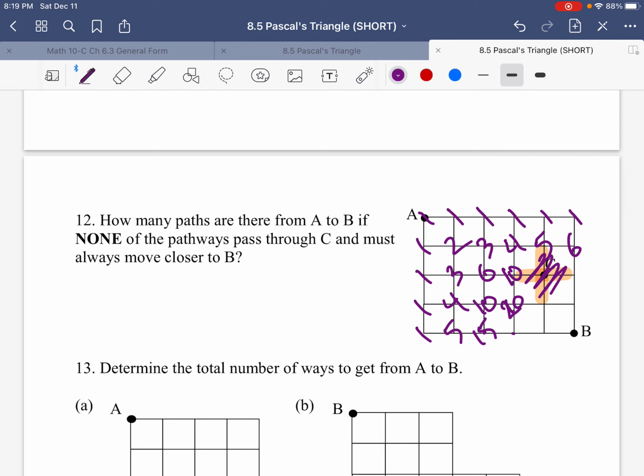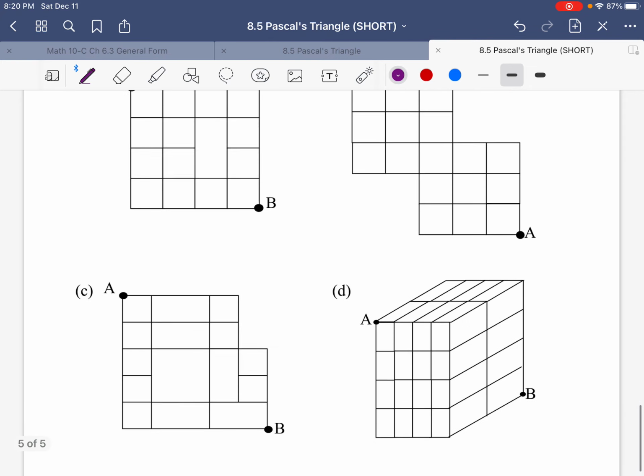So 1 and 5, 5 and 10 is 15, 10 and 10 is 20, 20 and 6. 10 and 15 is, 15 and 20 is 35. To get to here, we have to come from here, so this is 20. To get to this point, we have to come from here, so it's 6. This is 26, this is 55, 81, I believe.